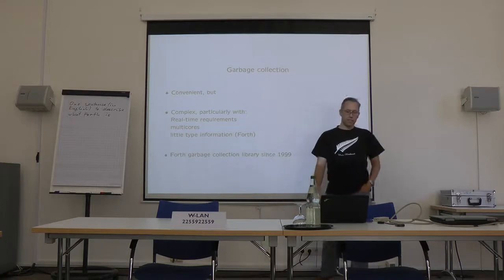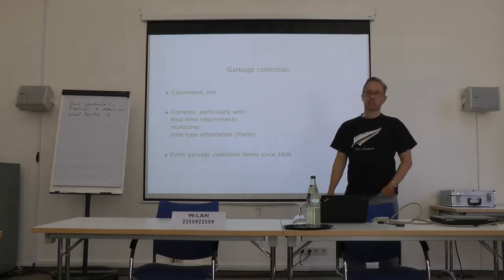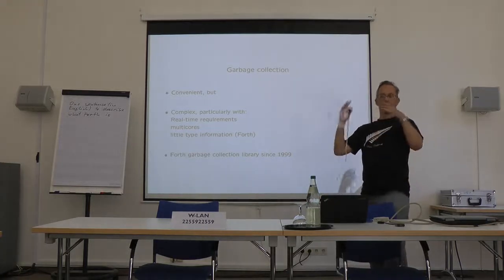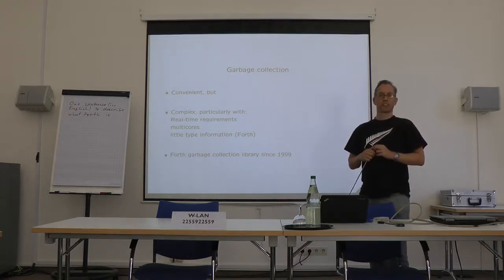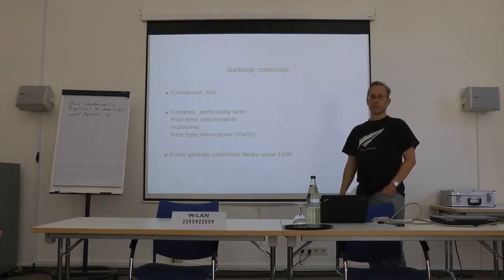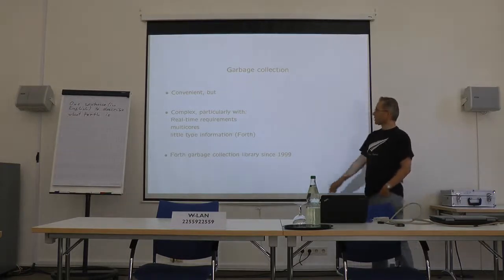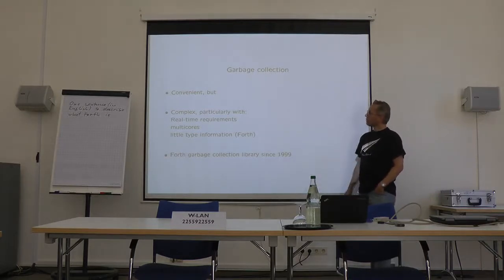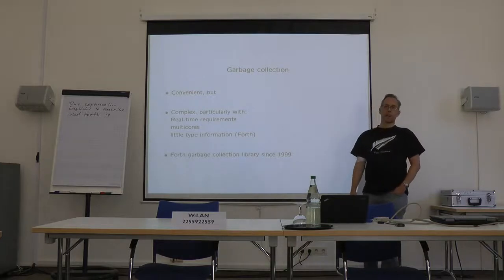Garbage collection doesn't combine well with multi-cores, because when you stop the world for all the cores, it's not so great either. You first have to find safe places in all the threads and all the cores, and many garbage collection systems assume that they have perfect type information.